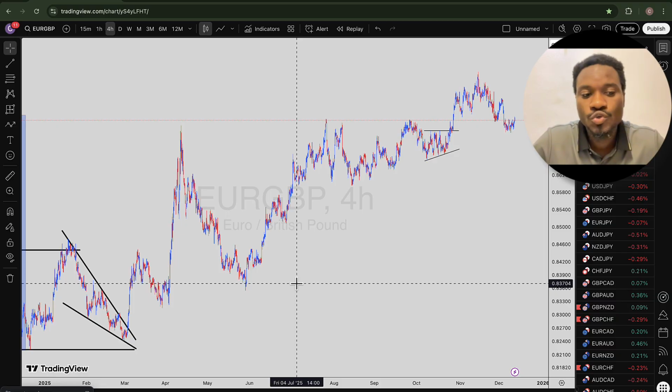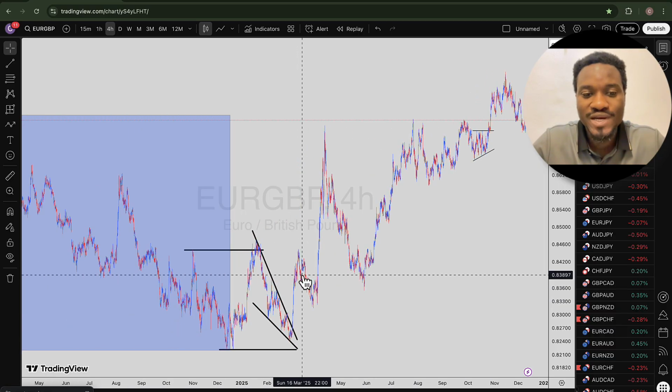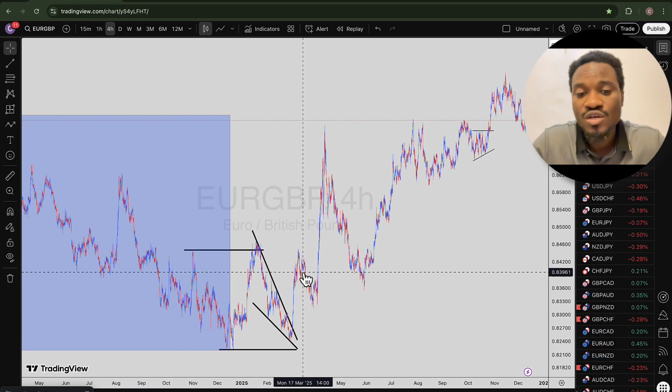Now that we've learned how to use a falling wedge and how to spot it, we have to zoom out. How you use the falling wedge depends on the type of trader you are. Are you a swing trader? A position trader? A day trader? A scalper? If you are a swing trader and want to use the falling wedge for reversal of a bearish trend or for continuation of a bullish trend, then you have to go to the 4-hour chart and zoom out totally on your price chart, so that you can see all the price movement in one single phase or in a lesser phase, so that you'll be able to construct your chart pattern.